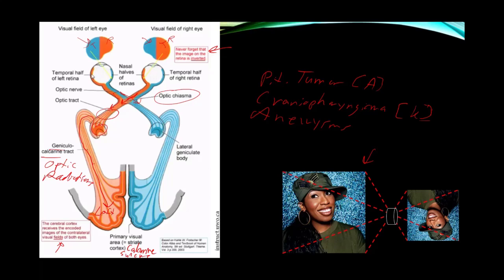Oh, sorry, I didn't even get to the high yield point. If that's compressed, you get something called bitemporal hemianopsia. And all that means is this is knocked out, this is knocked out. So the temporal fields of both eyes, you can't see.